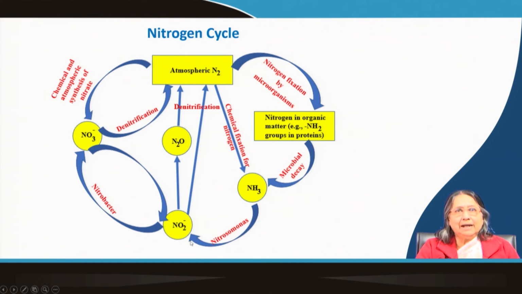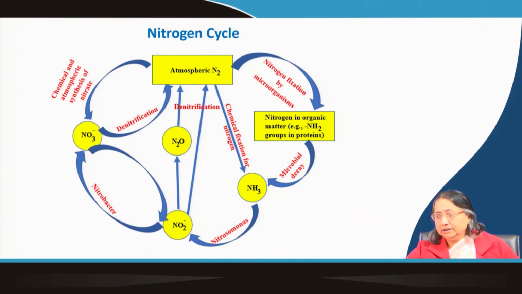And from the nitrates or nitrites, through denitrification it can go back to the atmospheric nitrogen. So basically it is a cycle, with different forms, different oxidation states and different processes. Some occur naturally in the atmosphere, and some by the microorganisms. So you can see very interesting chemistry for nitrogen, which is also very important for our daily lives.